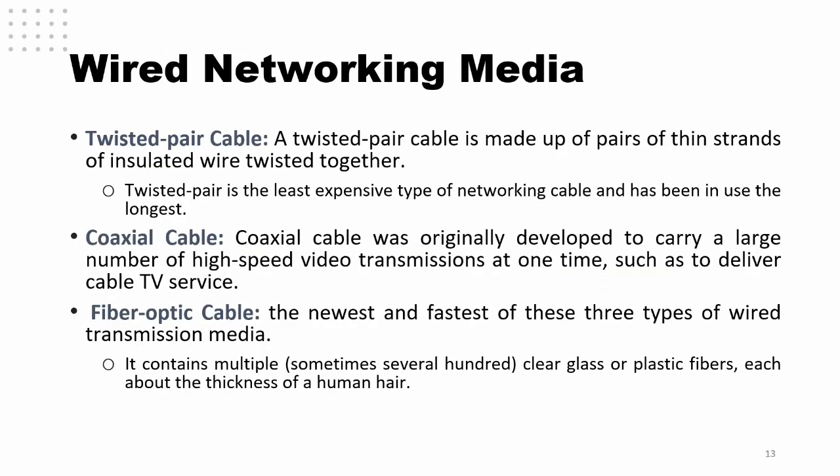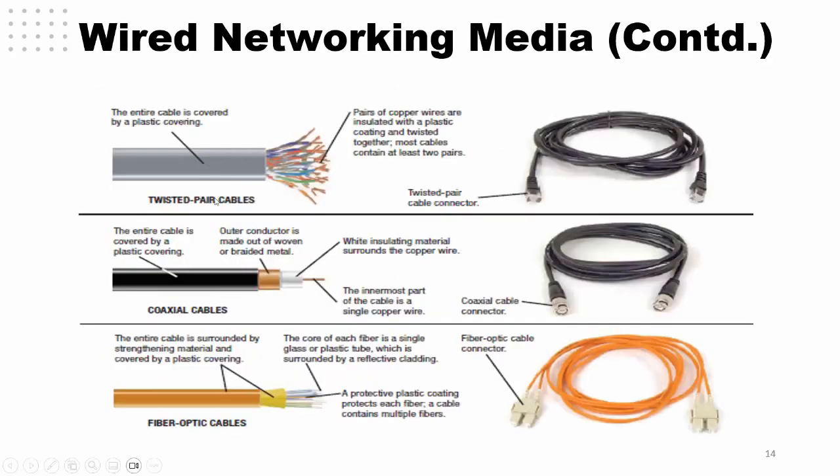Now we'll discuss the different types of wired networking media. There are three types of wired networking media: twisted pair cables, coaxial cables, and fiber optic cable. A twisted pair cable is made up of pairs of thin strands of insulated wire twisted together. If I show you with the diagram, here you can see a twisted pair cable.